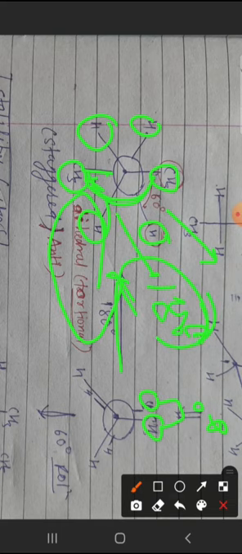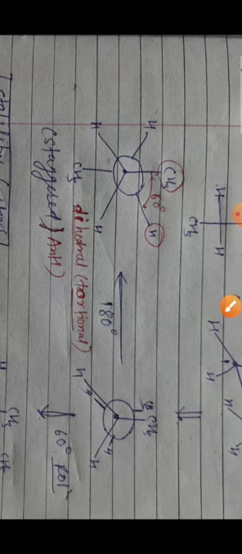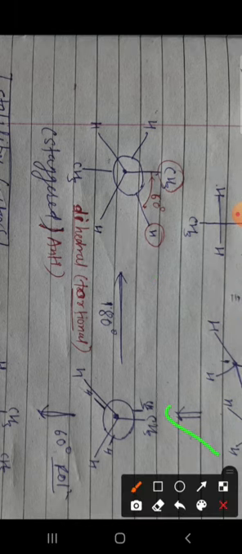So this is a more stable conformation as compared to eclipsed.